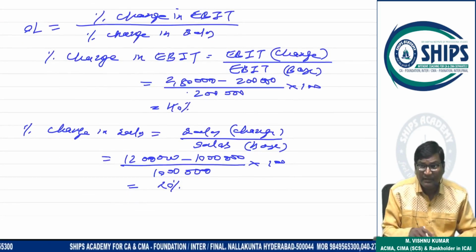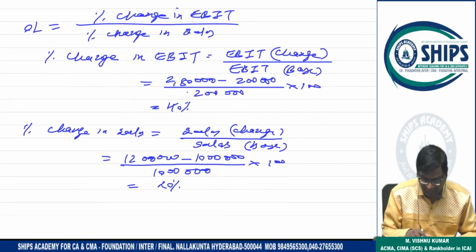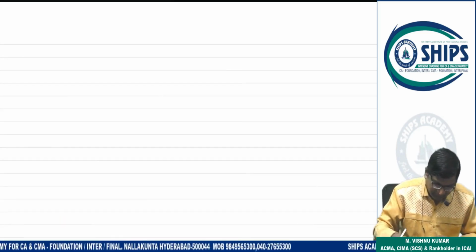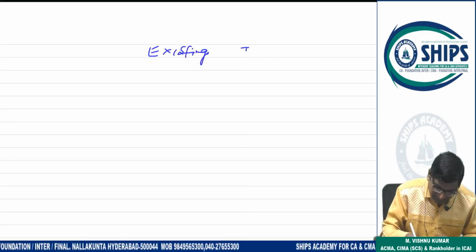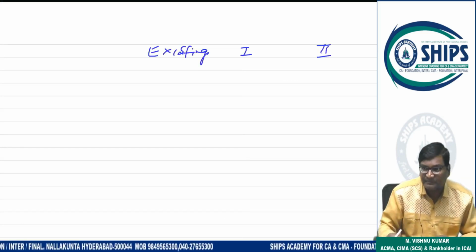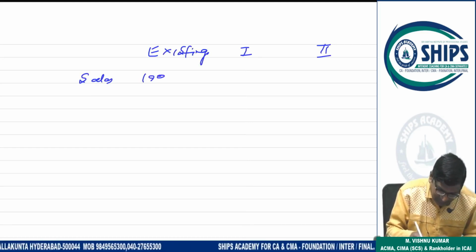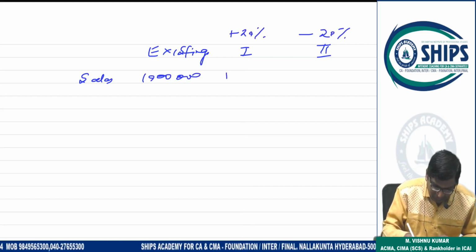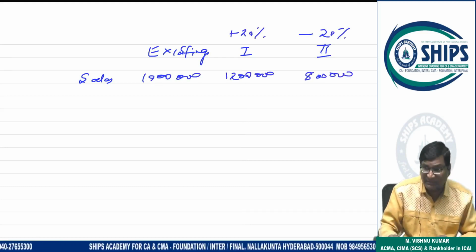Okay? Now भाई 3 लेवल है अपने पास, अच्छे से ध्यान से सुनिए. Once again I am repeating. This is existing, this is proposed 1, this is proposed 2. So existing sales 10 lakhs. This is plus 20%, this is minus 20%. This is 12 lakhs. This is 8 lakhs.